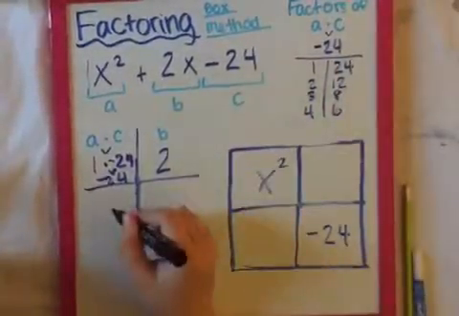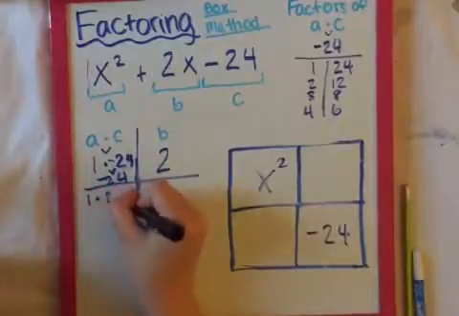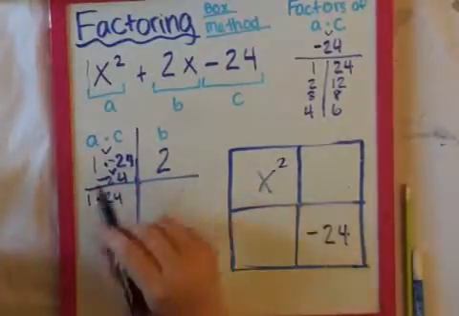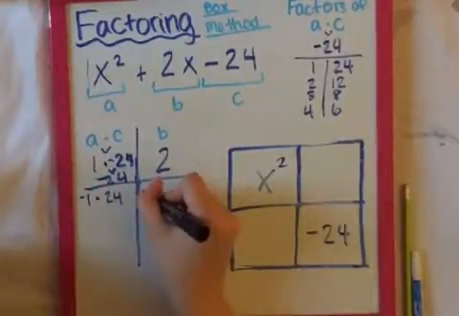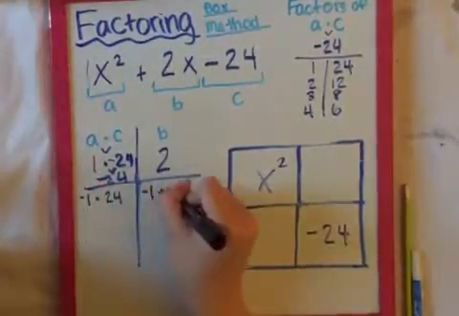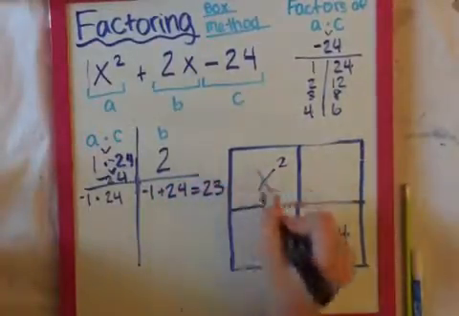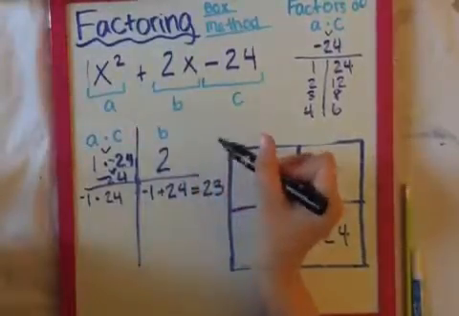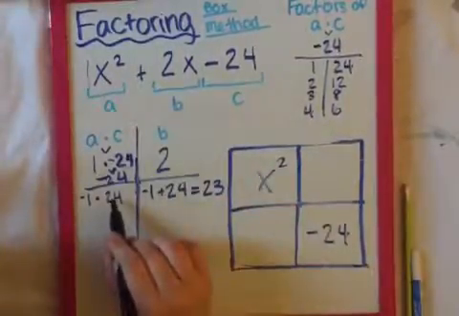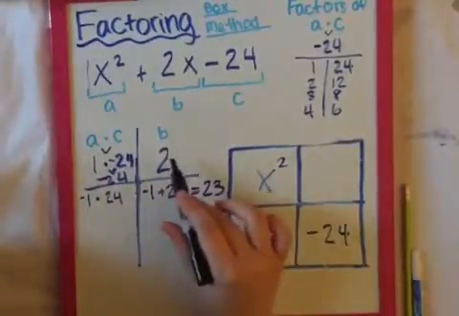So we go right back over here and we test them out. So we have 1 times 24, and let's make the 1 negative. So if we have negative 1 plus 24, that gives us 23. That does not give us 2. And we could do it the opposite way, have negative 24 and positive 1, but that's not going to give us 2 either.